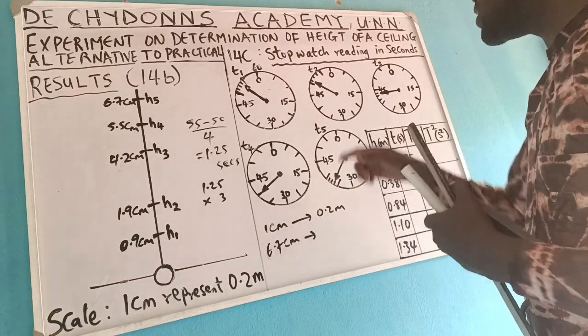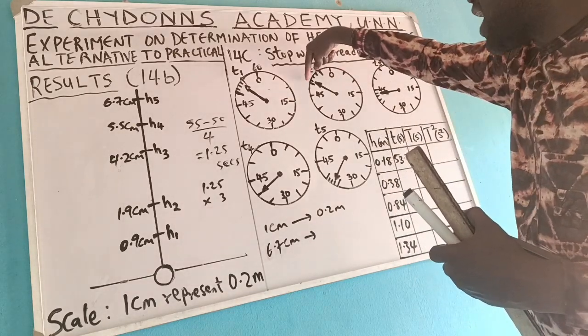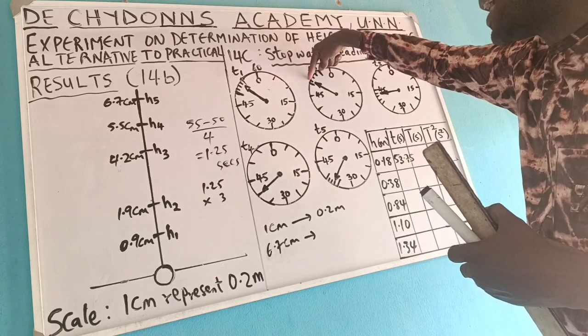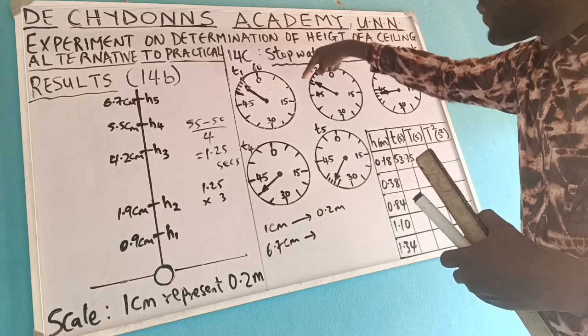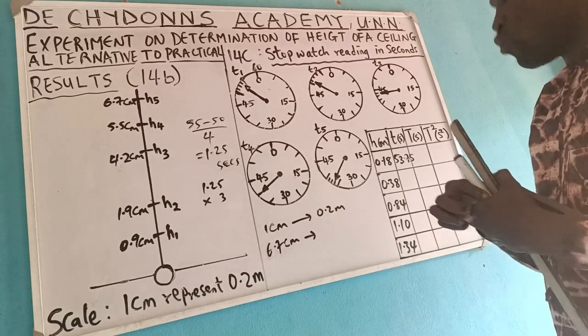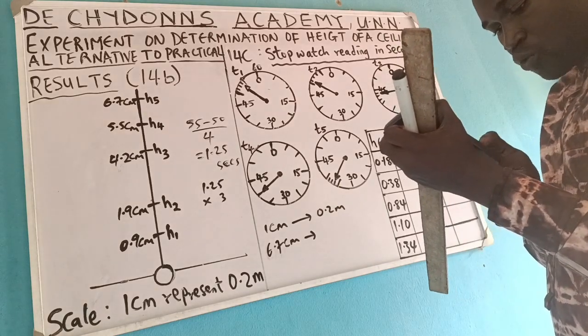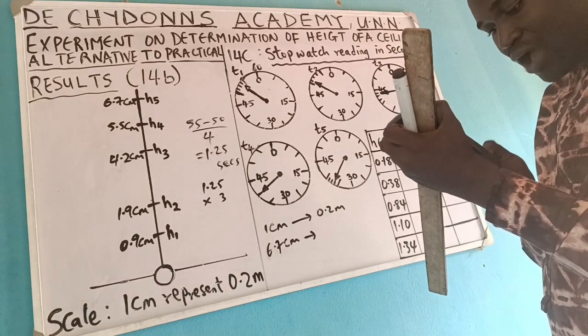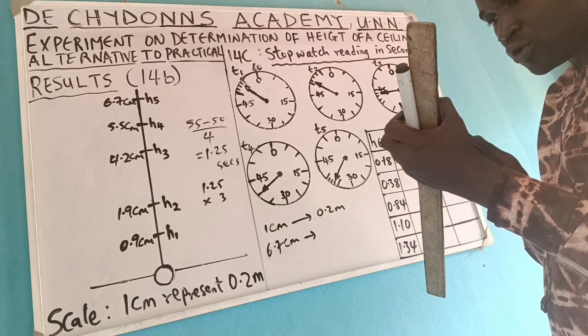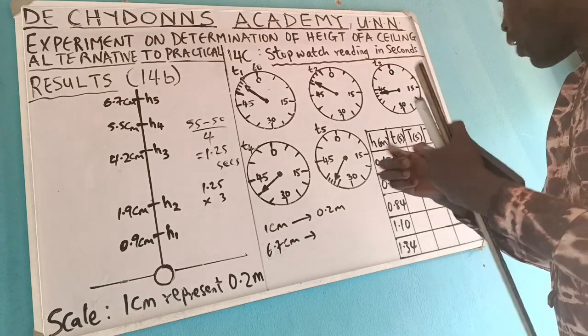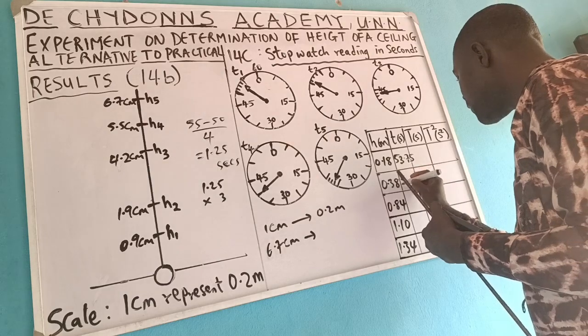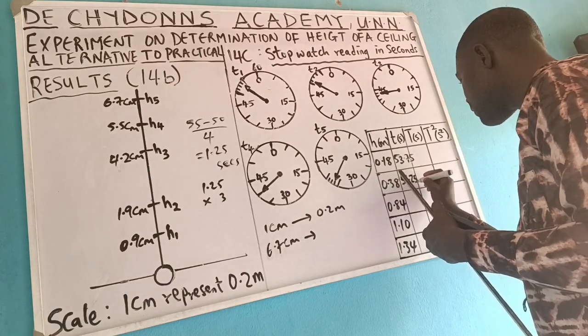For the second T, it points at the first line after 50. That means 1.25 plus 50, that will give you 51.25.